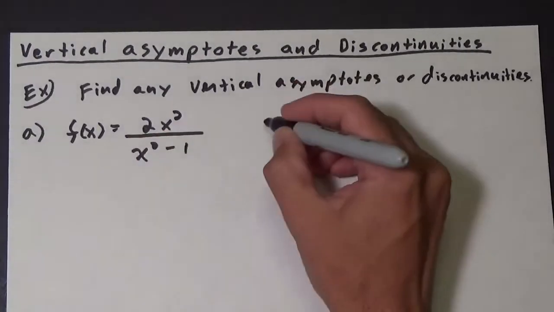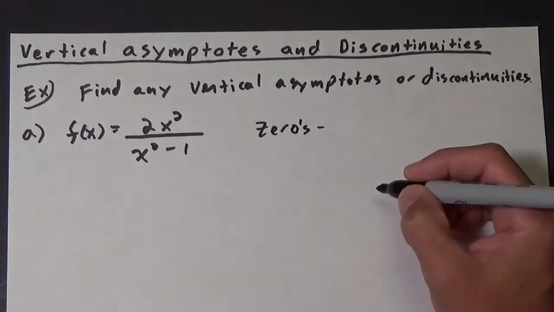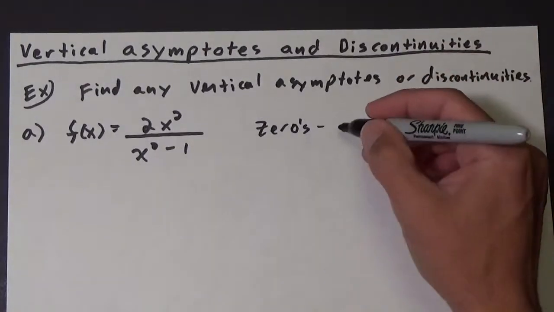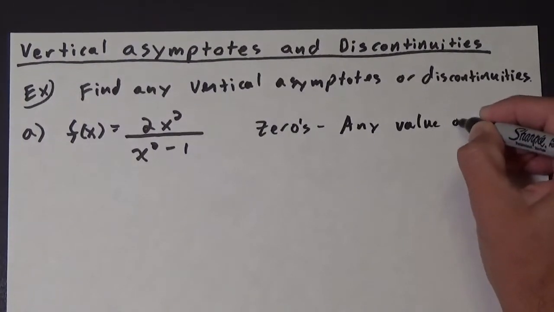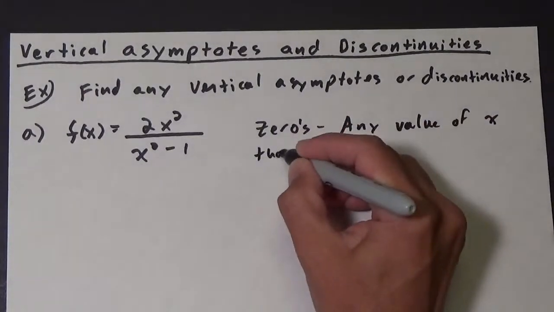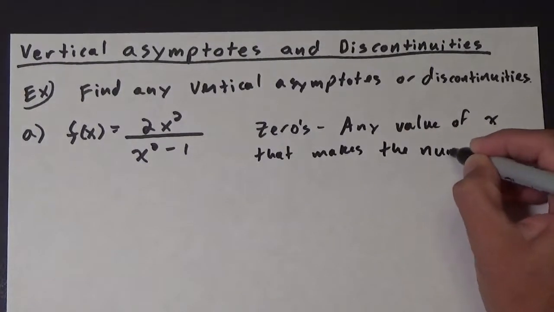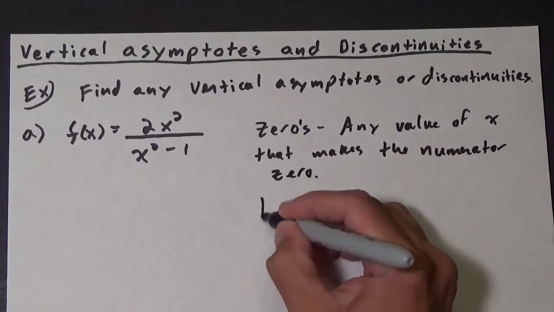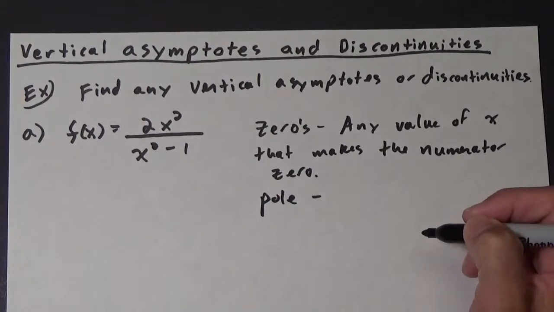So to remind ourselves, the zeros are any values of x that make the numerator 0. So a pole is any value of x that makes the denominator 0.